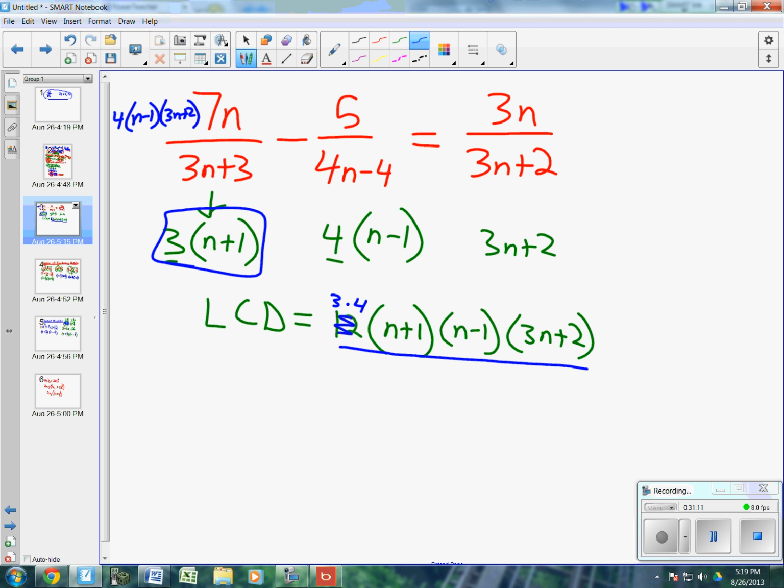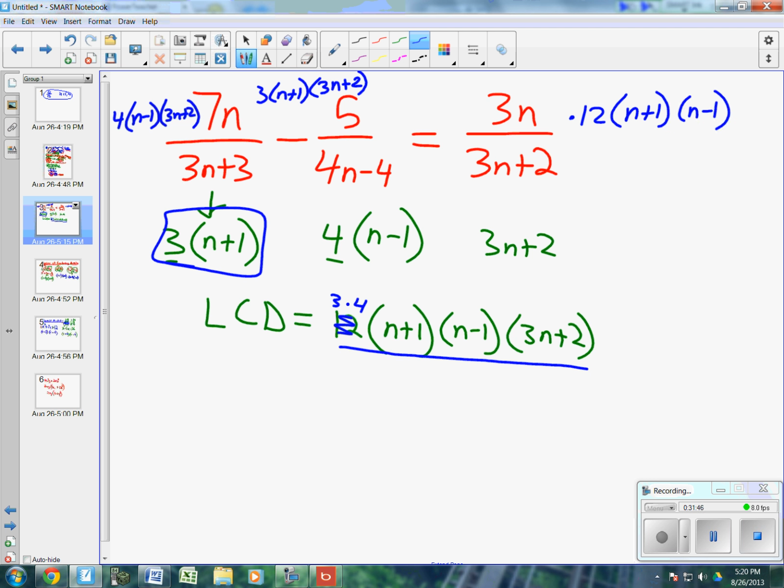And then on the 5 over 4n minus 4, the 4 times n minus 1 is going to cancel out. So it's going to leave me with 3 times n plus 1 times 3n plus 2. I'm going to multiply by that 5. And then on the last one on the right side of the equal sign, the 3n plus 2 is going to cancel out. So that's going to leave me with 3 times 4 is 12 times n plus 1 times n minus 1.